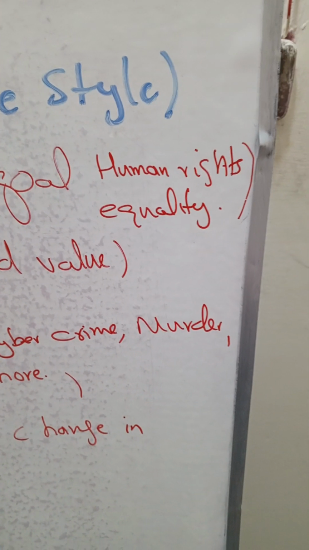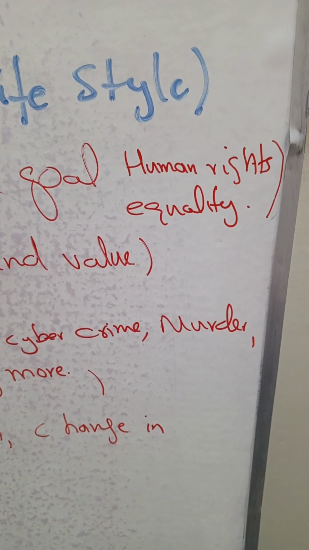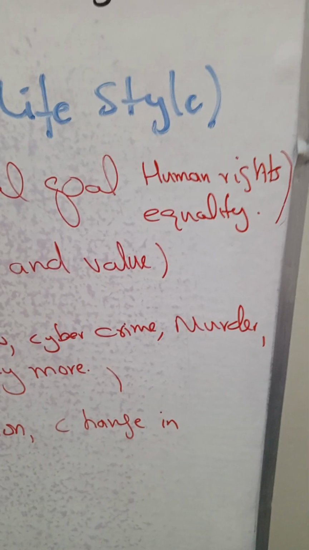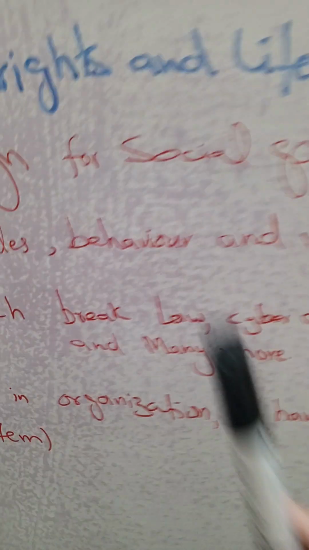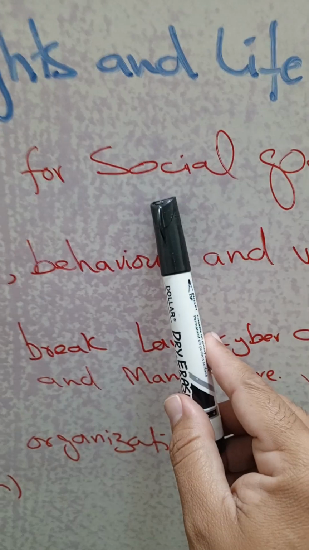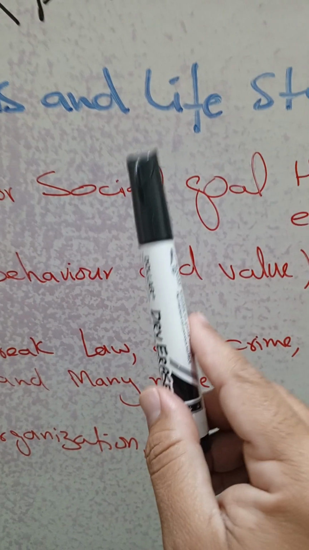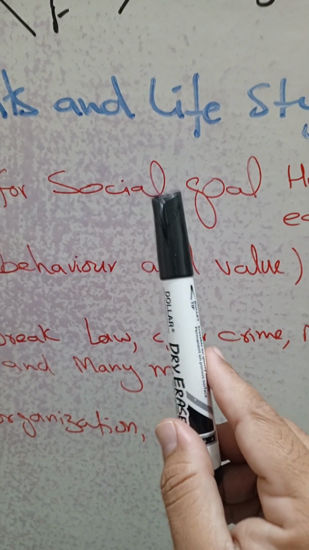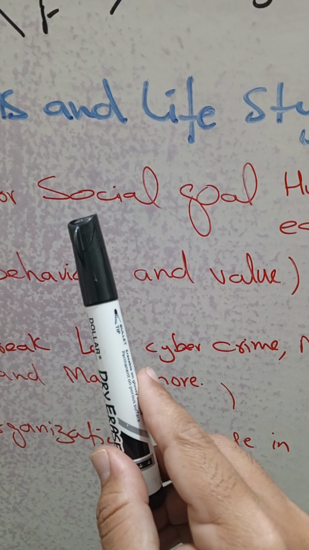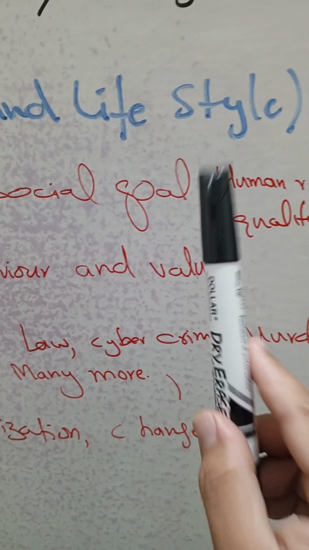There was a civil rights movement, one of the greatest movements of the world ever, and the social goal of that movement was to bring equality between black and other citizens of America. So it was known as a social movement.